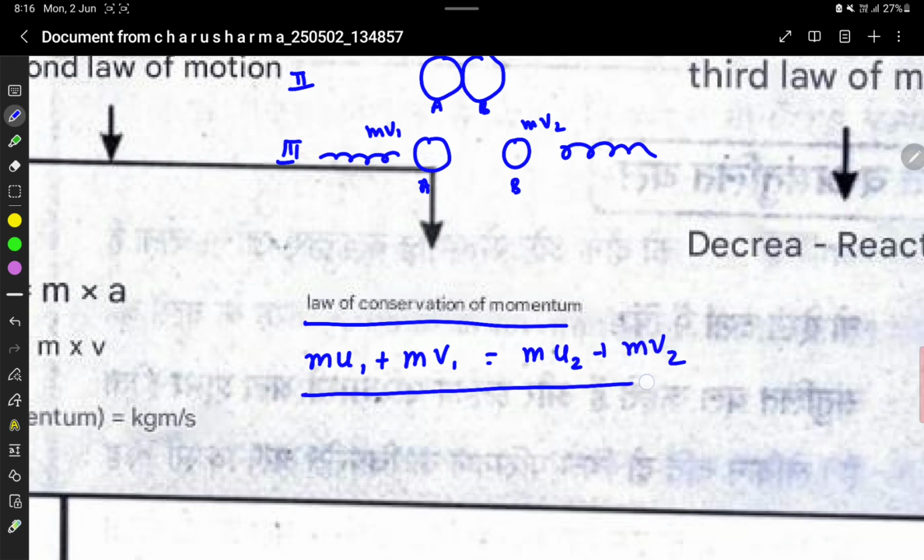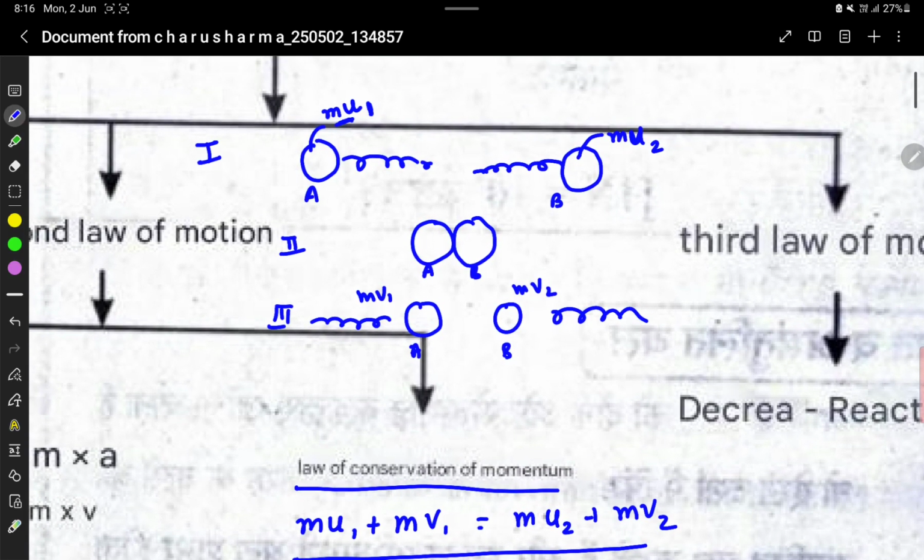Now what does this line say? This line represents that whatever the speed both the balls have, after hitting back they are going to have the same total momentum, and that is what the law of conservation of momentum is all about.